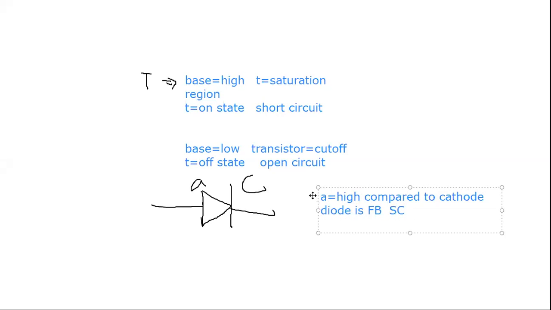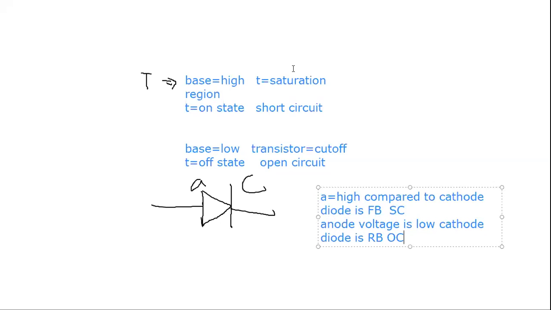In the same way, for the reverse operation, when the anode voltage is low compared to the cathode voltage, the diode is in reverse bias. When the diode is in reverse bias, we consider it as an open circuit.